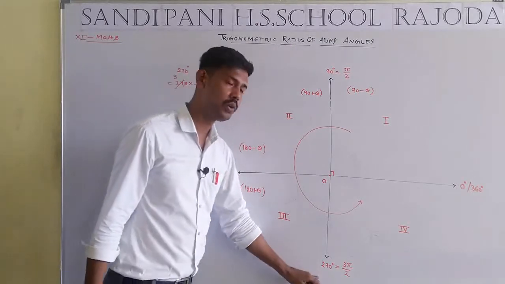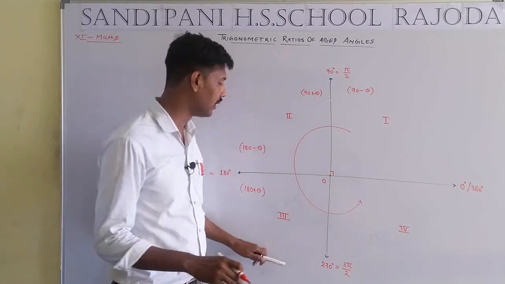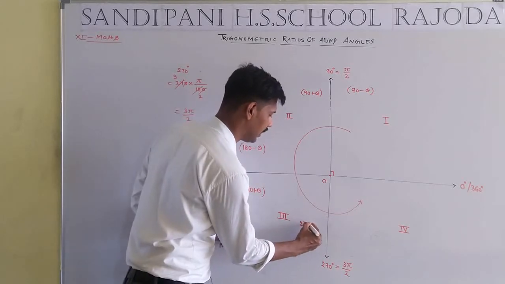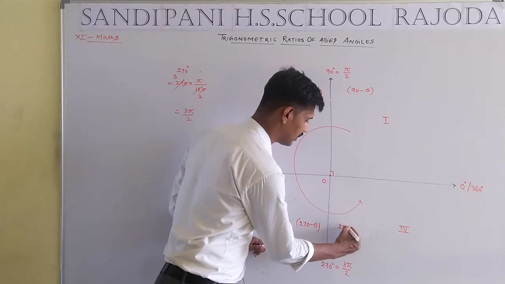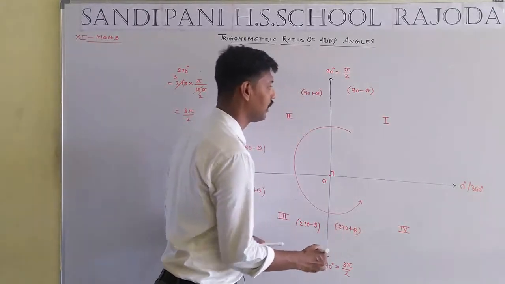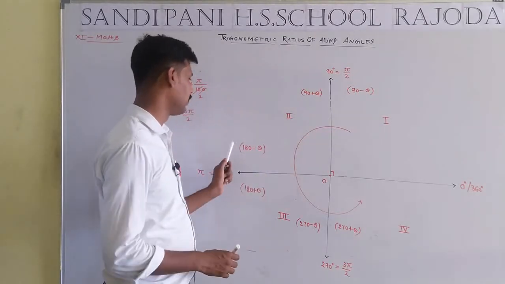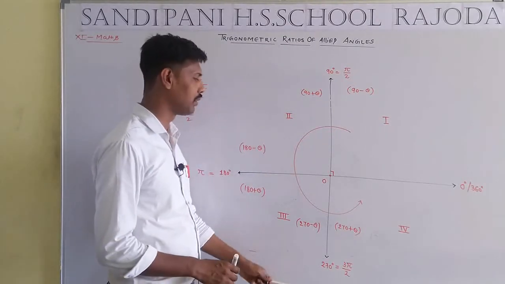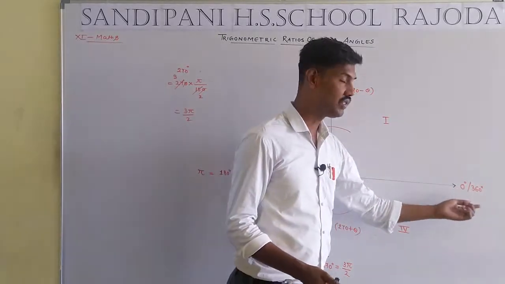In the case of 270 degree, if we subtract anything from 270 we return, that means 270 minus theta and 270 plus theta. I hope, student, you get the proper meaning. 90 minus theta, 90 plus theta, 180 minus theta, 180 plus theta, 270 minus theta and 270 plus theta. Finally we reach 360 degree.